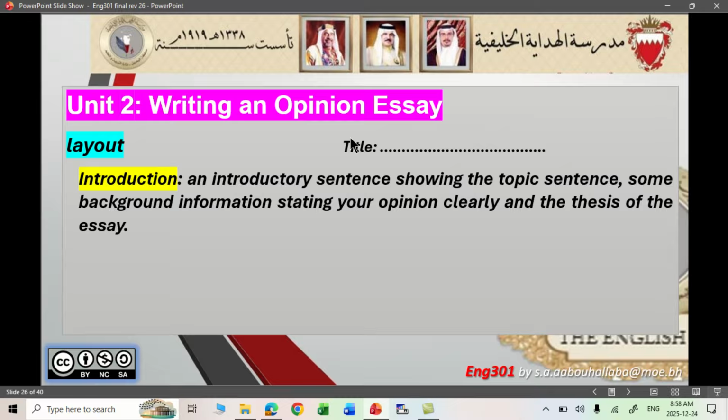It is an opinion essay, so you need to say your opinion from the very beginning and try to persuade the reader with that opinion throughout the different parts of your essay.